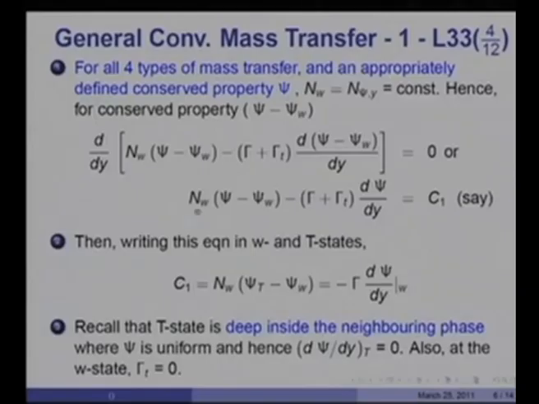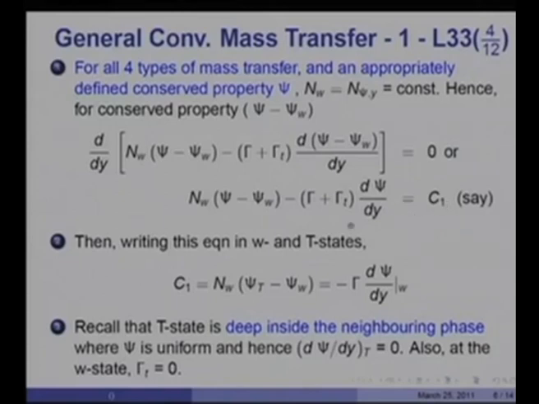Then if I write this equation in the w state, I would get C1 equal to minus gamma d psi by dy at y equal to 0. And if I write it in the t state, I will get N_W (psi t minus psi w), and in the t state there are no variations of psi, and therefore this entire term would be 0, and again C1.